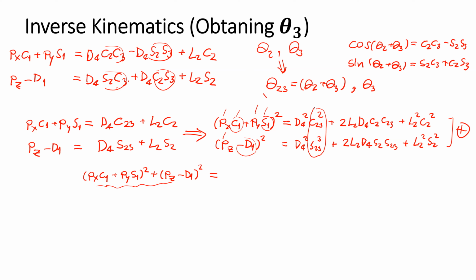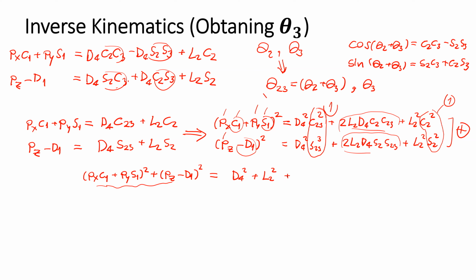Cosine squared plus sine squared is equal to 1. So D4 squared and L2 squared, because this will equal 1 and this will equal 1. How about this?